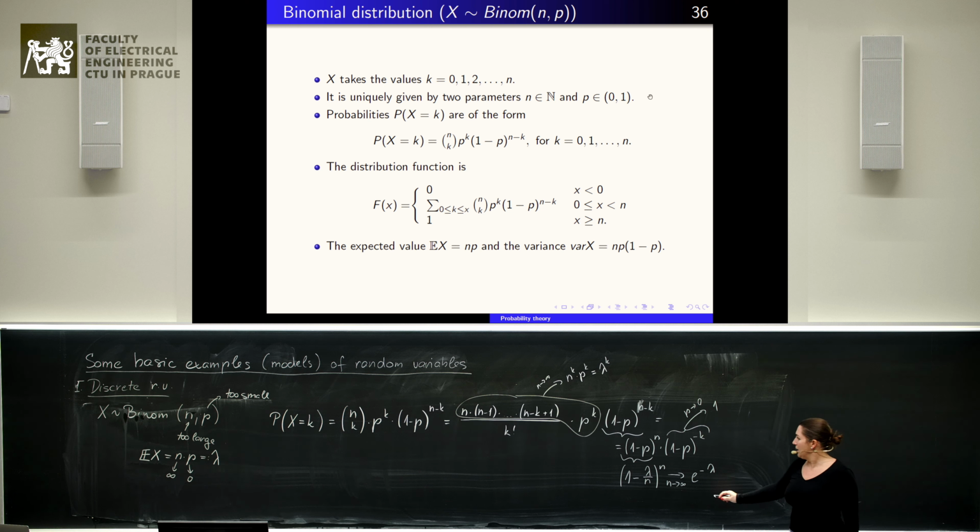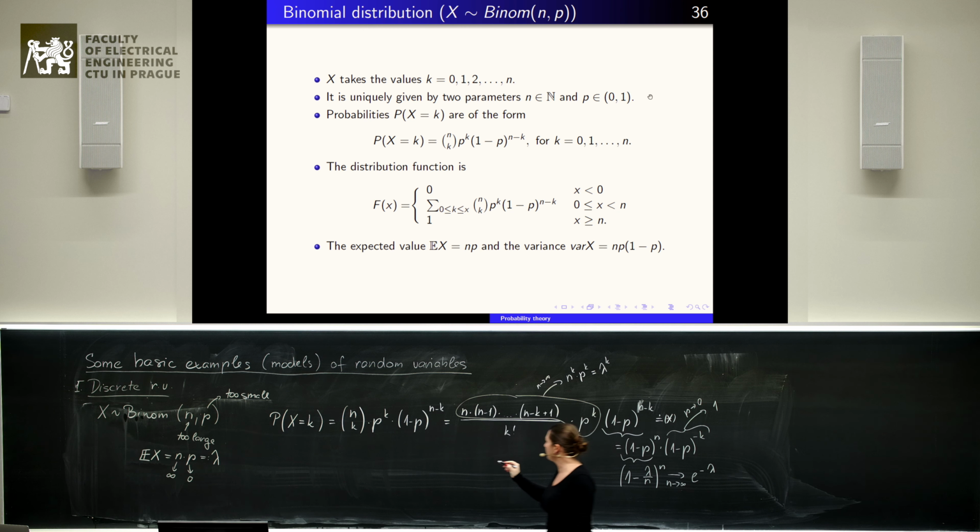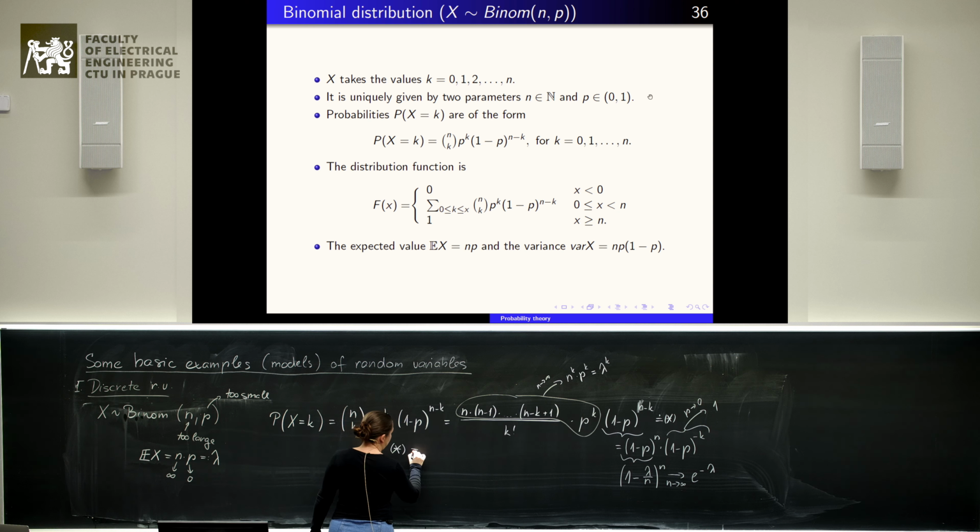Yeah? So it means that we can approximate the probability by lambda powered by k over k factorial times e powered by minus lambda.